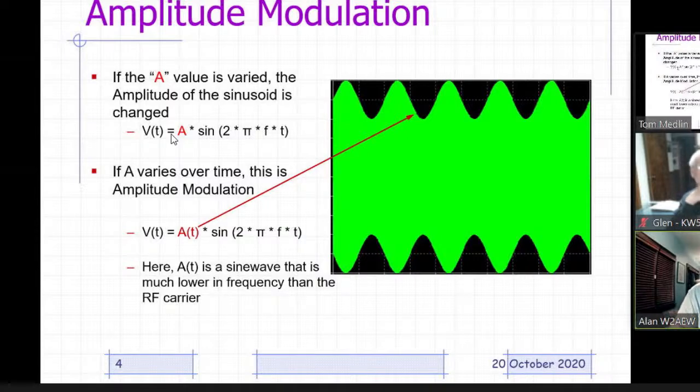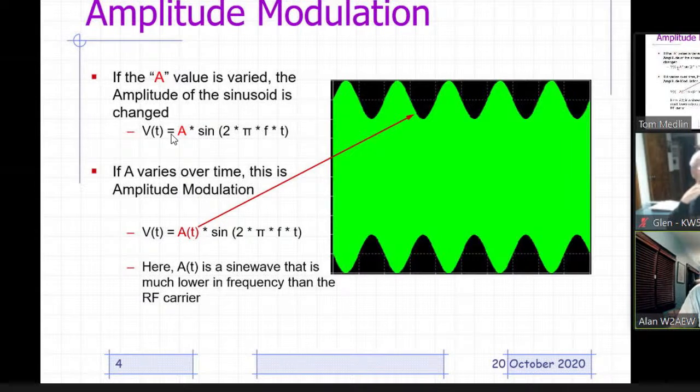It just looks like an AM RF envelope. Here A is a function of time, and in our case for radio, it's our audio signal. We're just multiplying our audio signal times this carrier wave, the sine wave, to create the AM signal, the amplitude modulated signal.